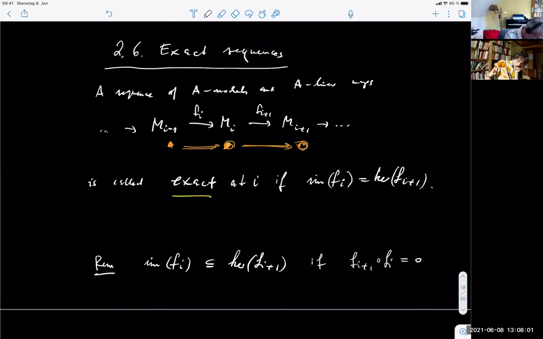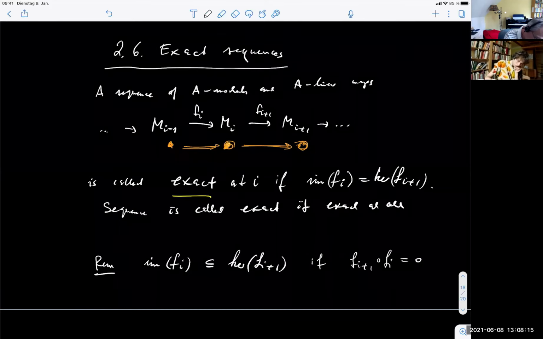The sequence is exact if it is exact at all M_i.